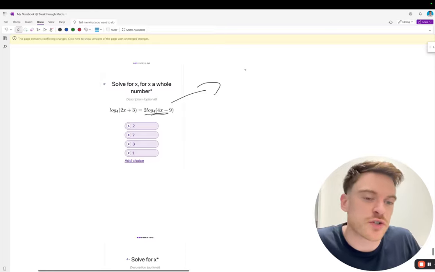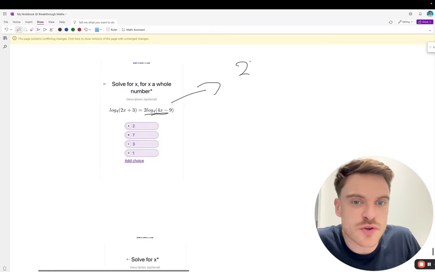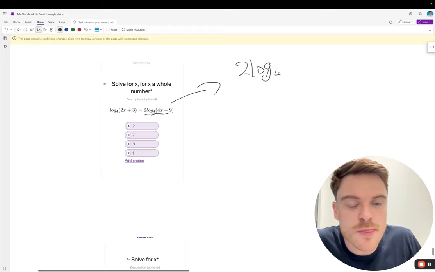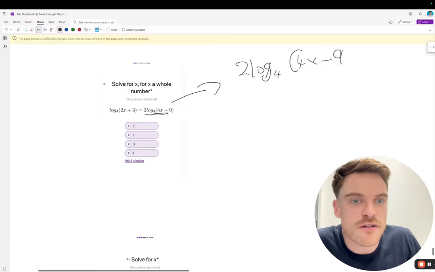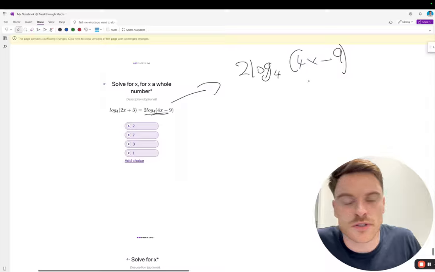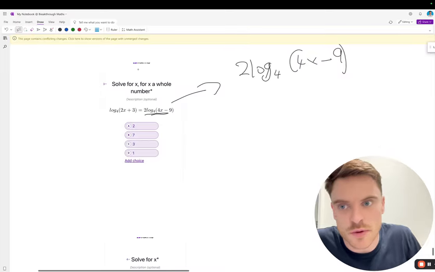You want to get rid of the 2. See the 2 before the log, that 2 log 4(4x minus 9)? We want to get rid of that 2.